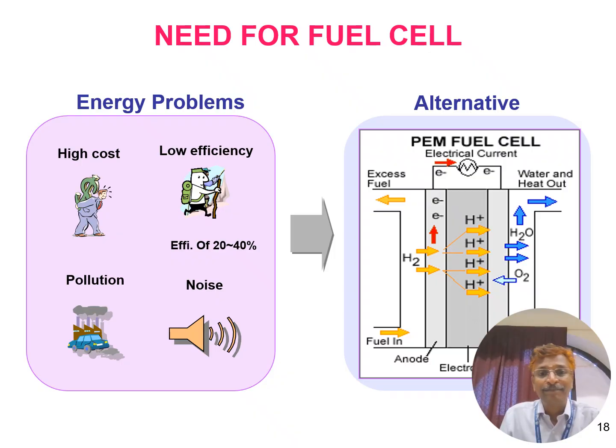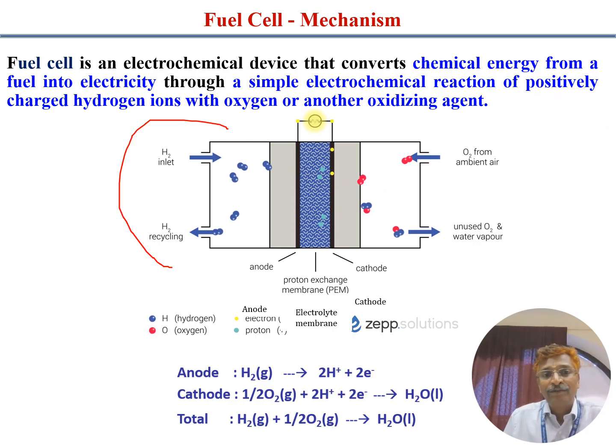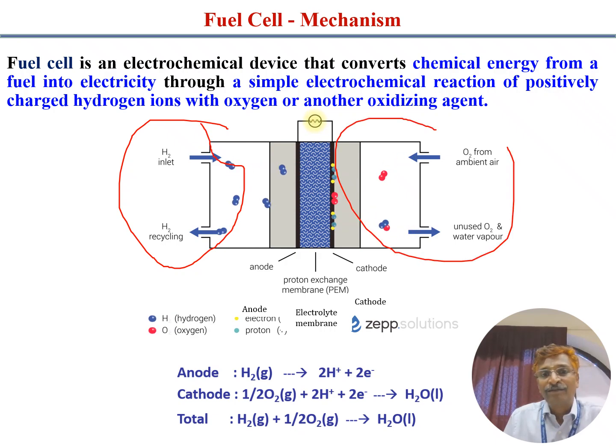Okay, now I'll skip. So the basic principle behind the fuel cell is, just look here: this is the anode, this is the cathode. At the anode, oxidation takes place.